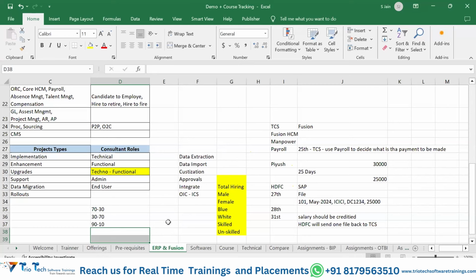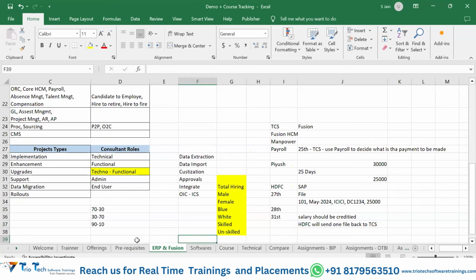How is HDFC Bank going to process the data? Every month a file is generated from the Fusion application and sent across to HDFC Bank. HDFC Bank may be using SAP as their primary software.